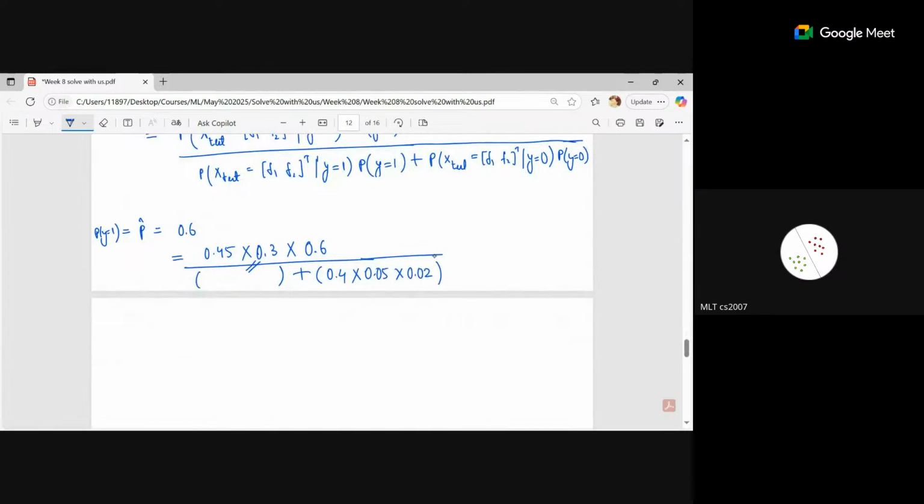Right? If you calculate this, you will get 0.995. So this is the probability of this email coming from the spam class, which is 0.995.